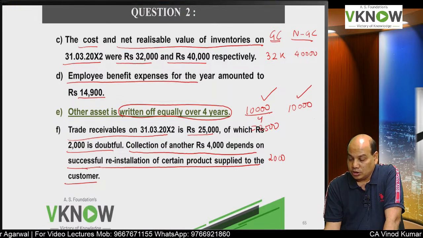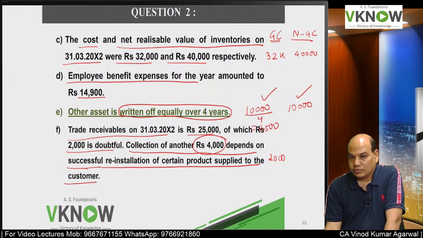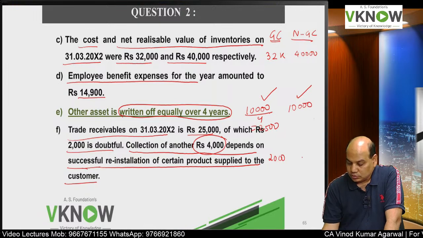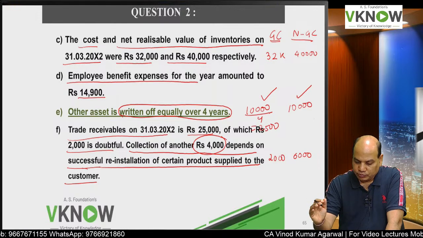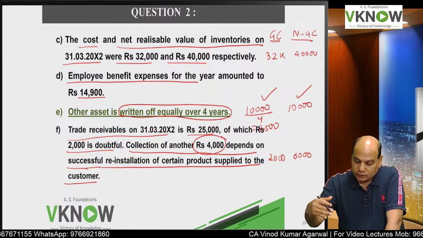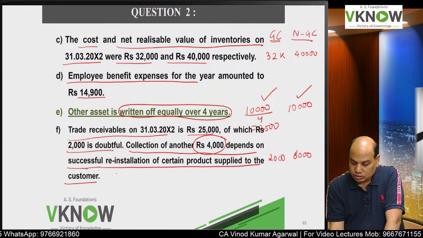But if it is not a going concern, then even this 4,000 rupees is doubtful now. So my total provision for doubtful debt, 2 plus 4, 2,000 I have to provide in any case, and another 4,000 I have to provide because my entity is not a going concern.